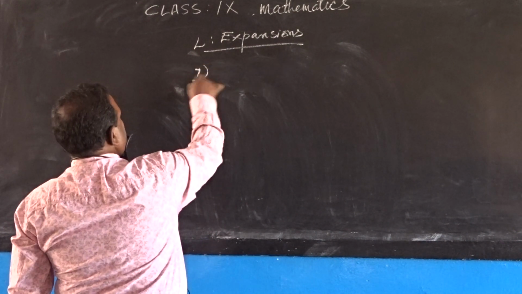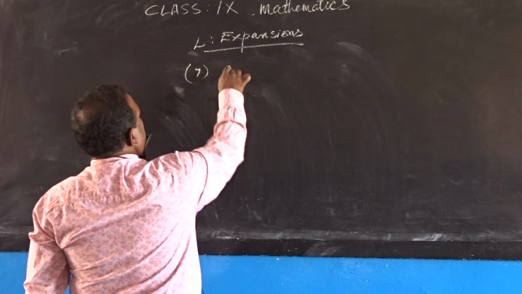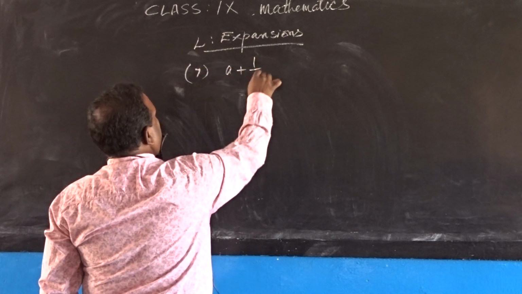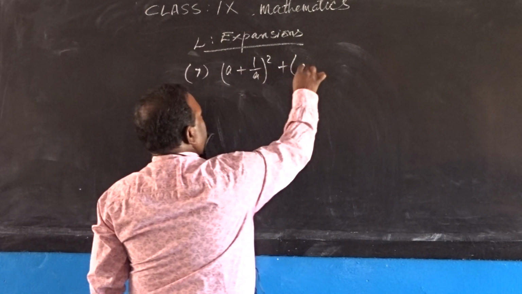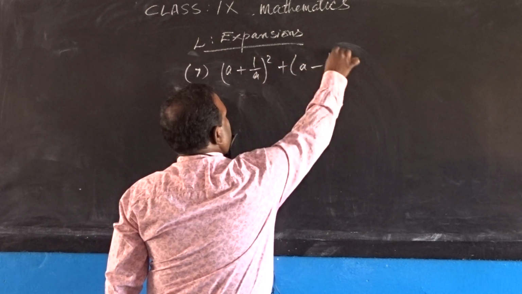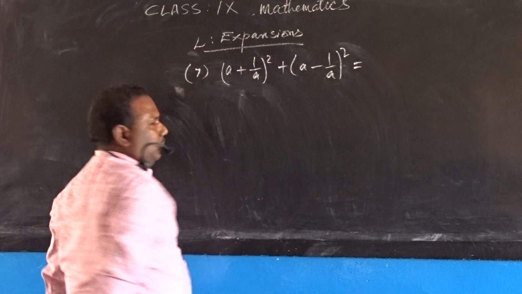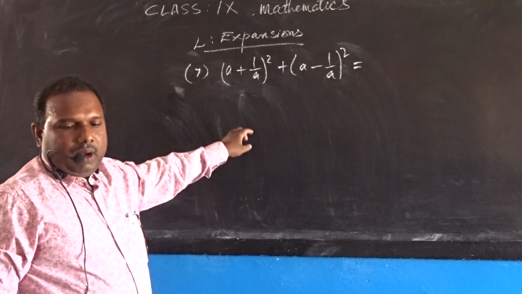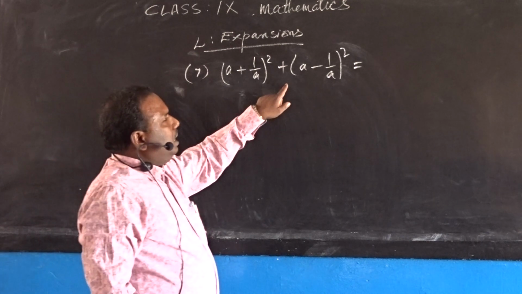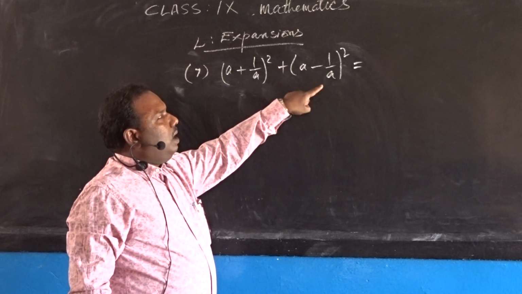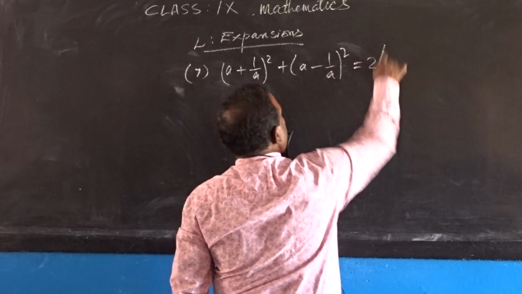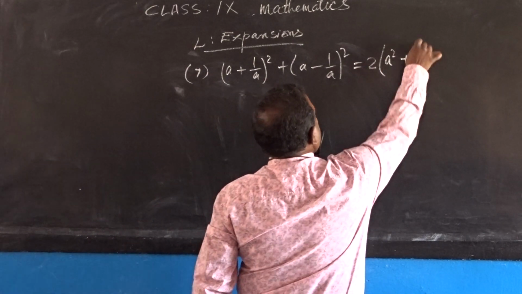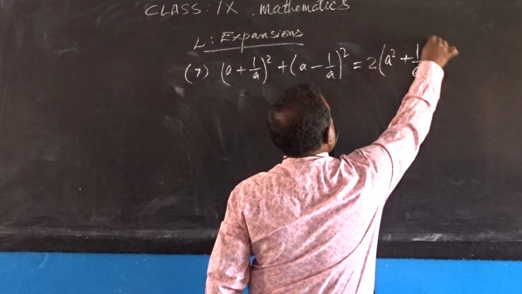The seventh equation is (a plus 1 by a) all square plus (a minus 1 by a) all square is equal to 2 into (a square plus 1 by a square).